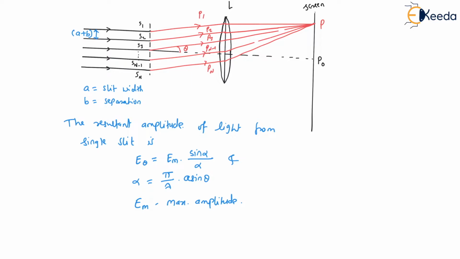In the same way, we will have n number of resultants, because we have drawn n number of these diffracted waves arising from the midpoint of all n slits.